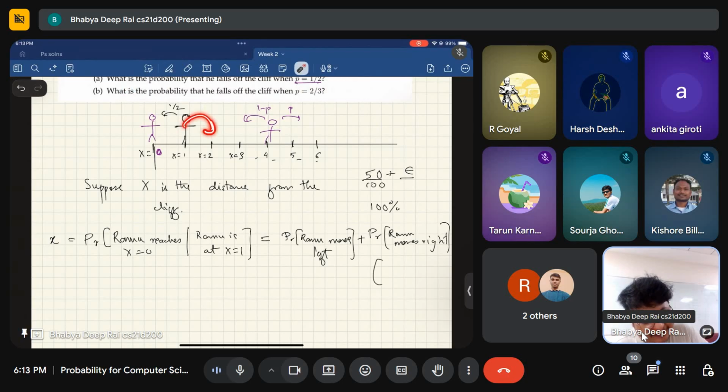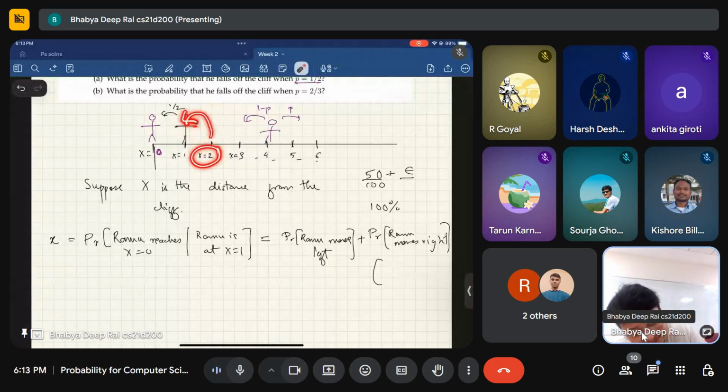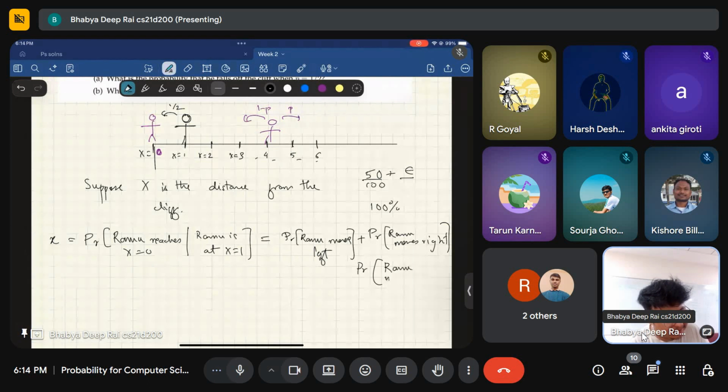Well, he moved right, he reached here. And now with this new position, he is at x equals 2, and then he falls. That's something like that, times the probability that Ramu falls, given that Ramu is at x equals 2.